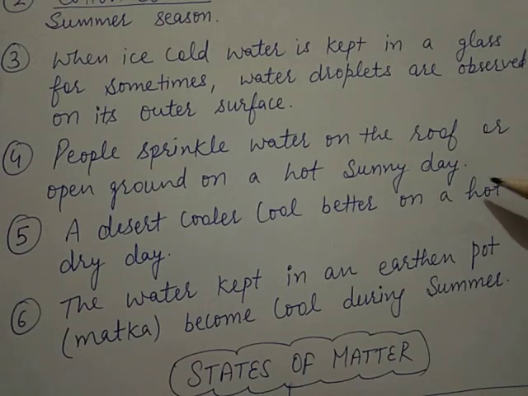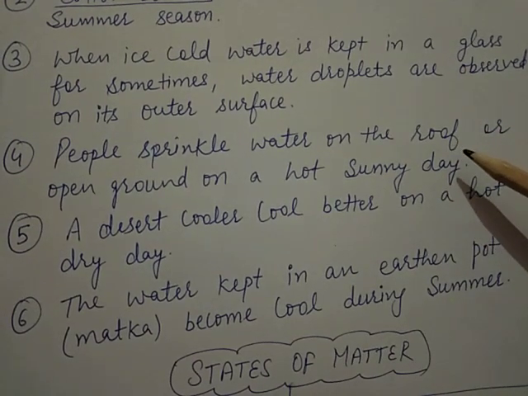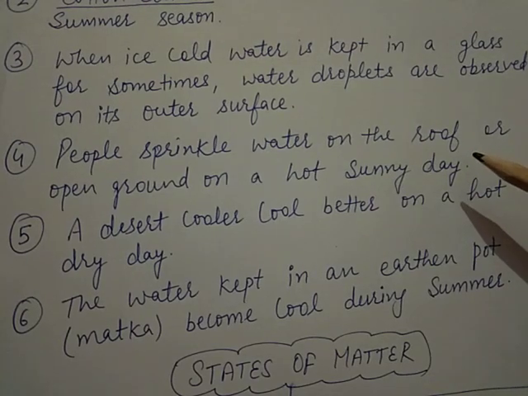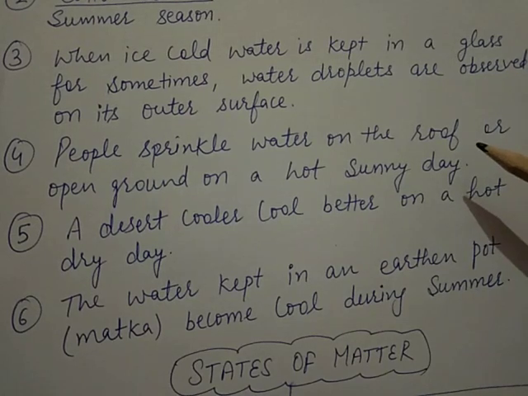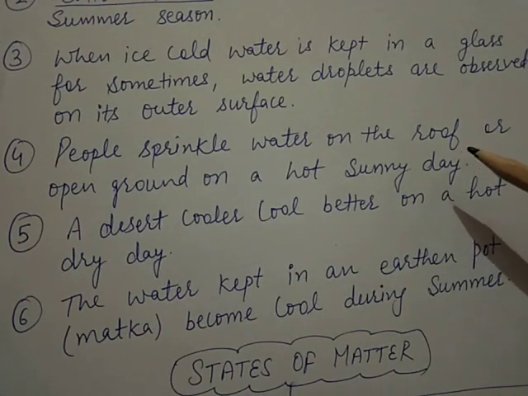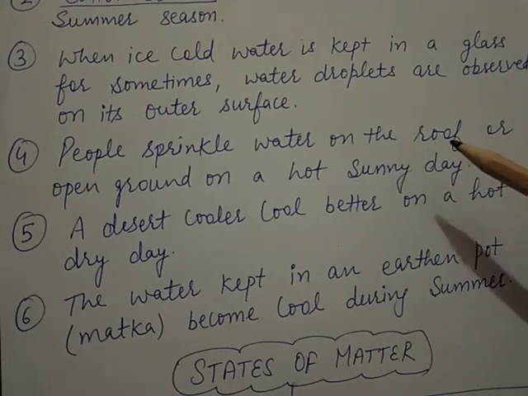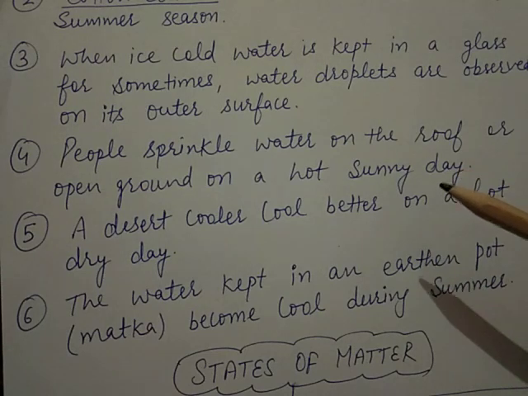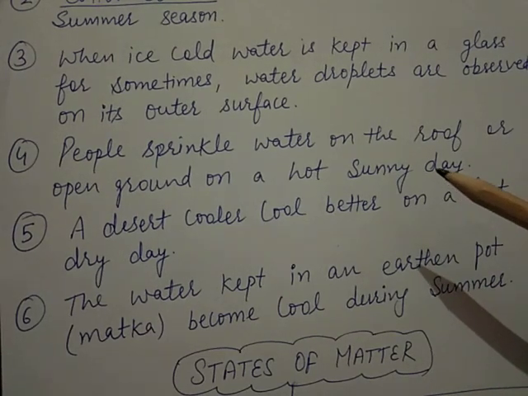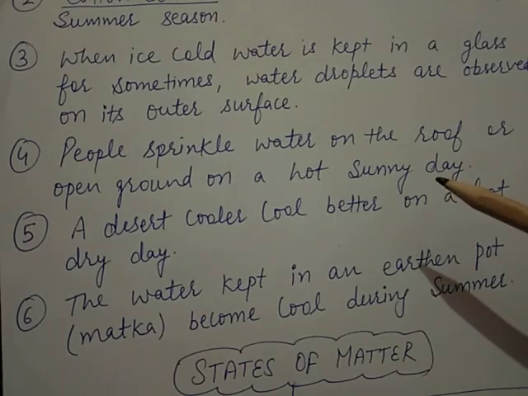It means when water is sprinkled on a hot surface, it evaporates very quickly. As the evaporation takes place, the water leaves the surface cool due to the large latent heat of vaporization of water. So due to this, in summer, cooling takes place.